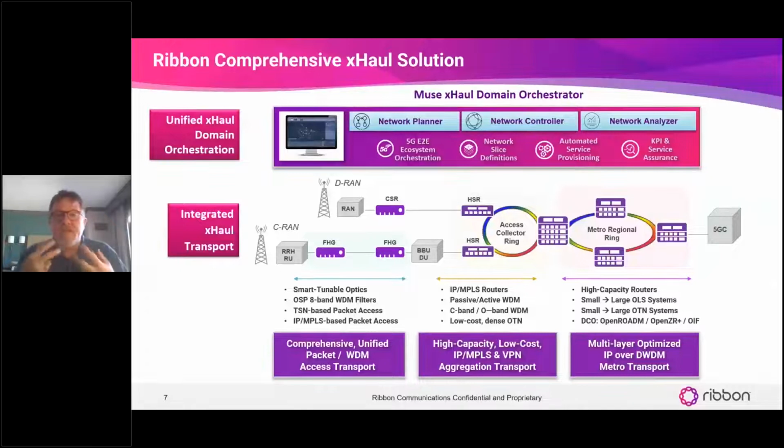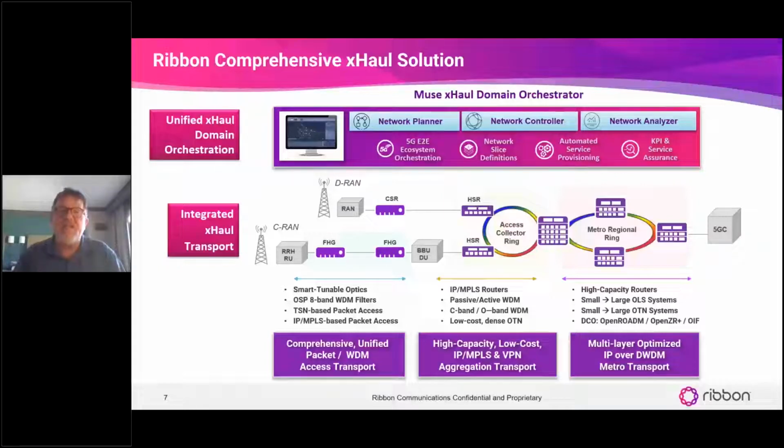So really what is necessary here is a comprehensive solution that will cover all of the different xHaul solutions that are out there today, right? From backhaul, which is traditional, fronthaul, which we've seen for a while, and then midhaul as we move into the CU-DU baseband unit split towards that CRAN architecture. But we're going to see a mixture of these things over time.